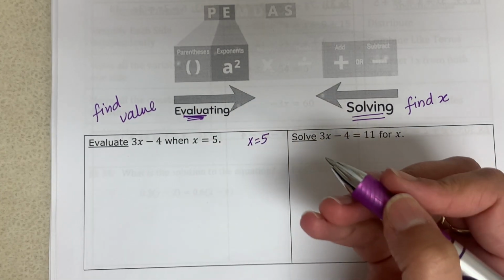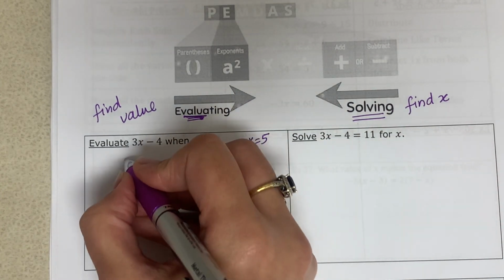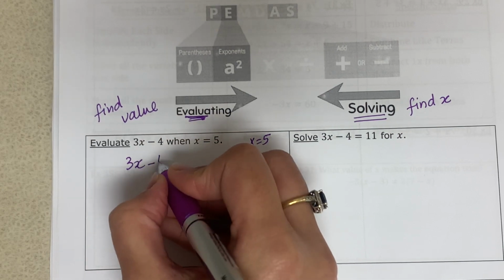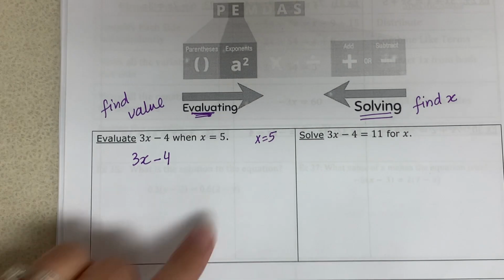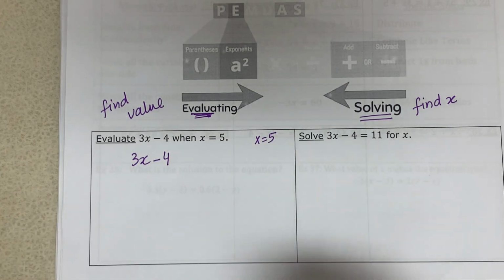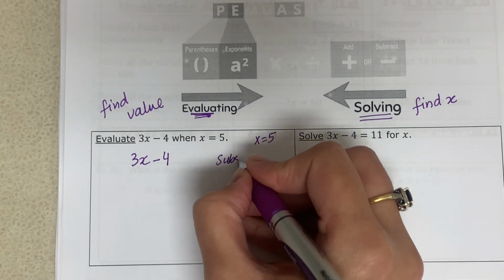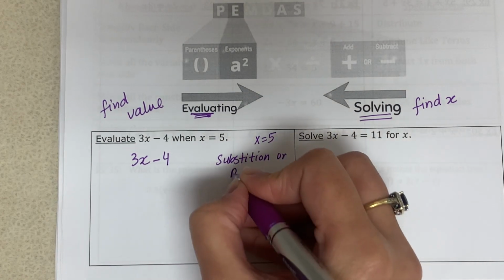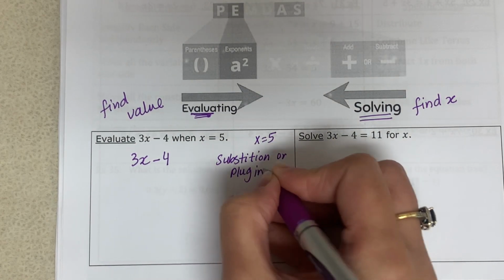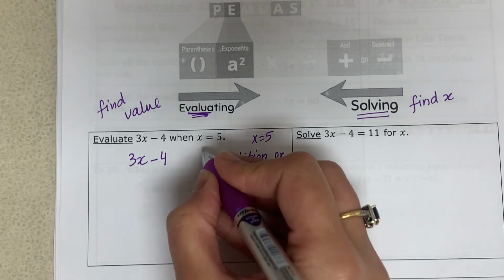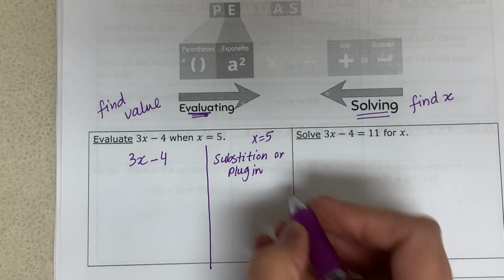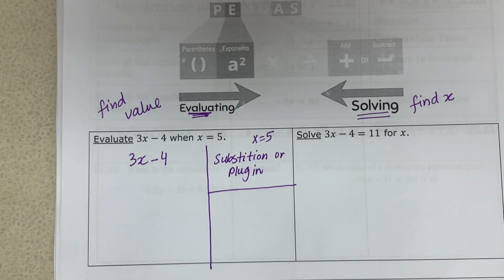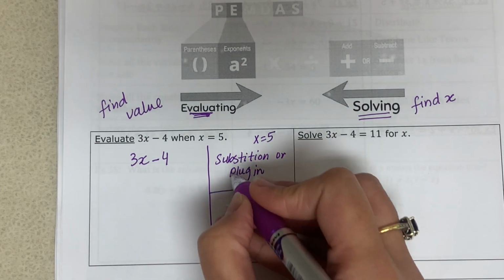I have an expression, 3x minus 4, and I already know x is 5. So what you do is you use the method called substitution, or you plug in. Substitution or plug in, this is the process.